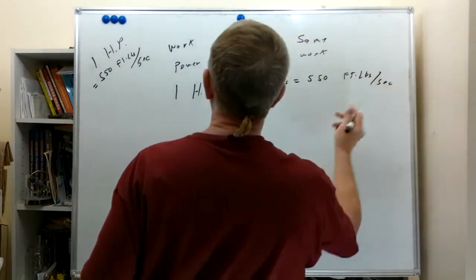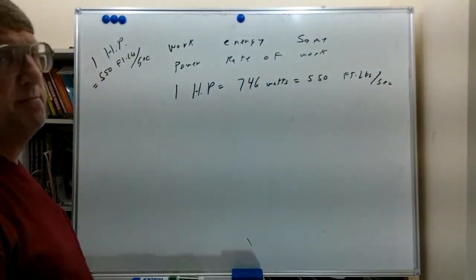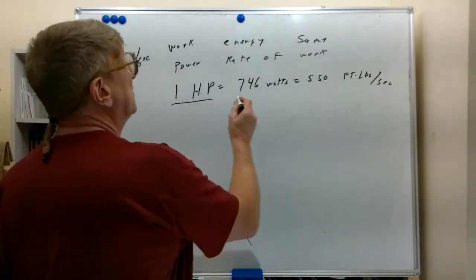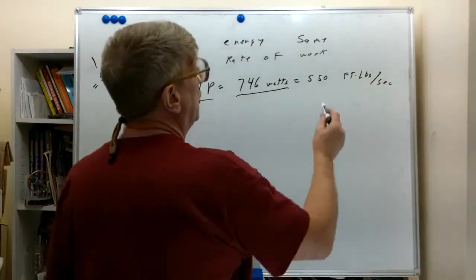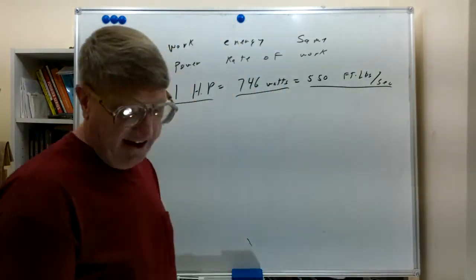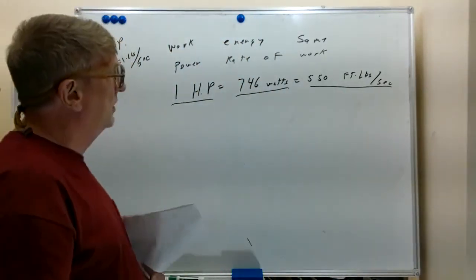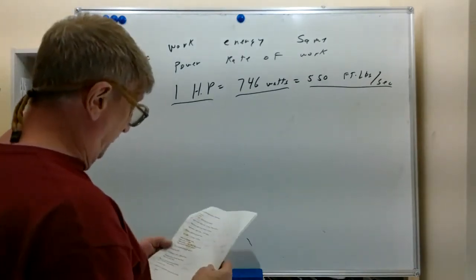So basically, we have 3 ways of describing the same rate of doing work, same horsepower: 1 horsepower, 746 watts, or 550 foot-pounds per second, which can be useful if you have to make some conversions and such.